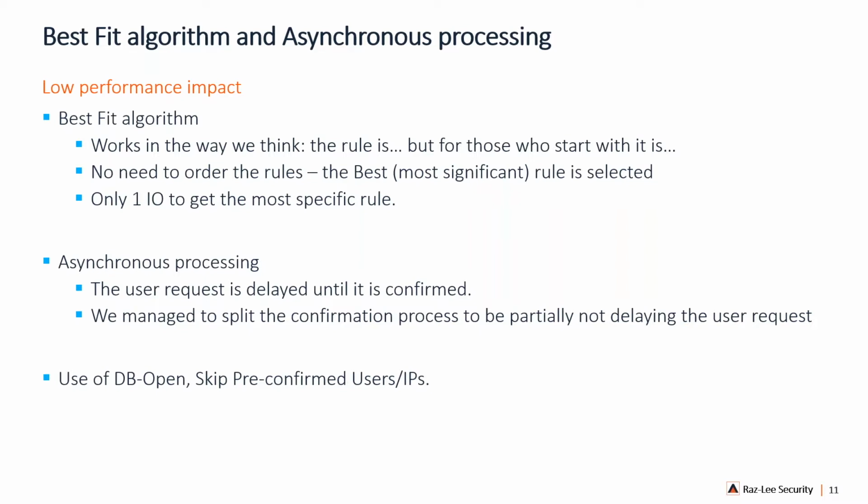Besides, we managed also to take a synchronous activity, something which stands between the request and the process of the request, and cut it into 2 parts. One part passes streaming, of course, in between the request and the process, but the other we can do asynchronously.